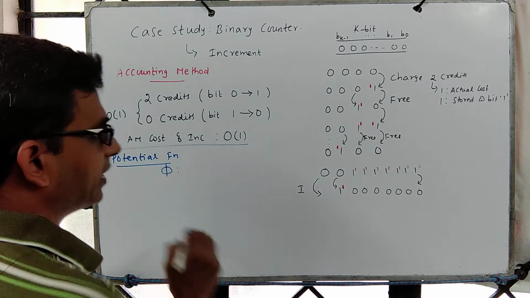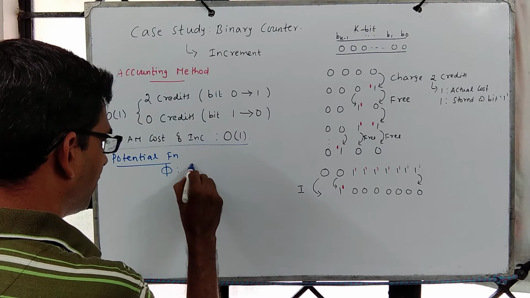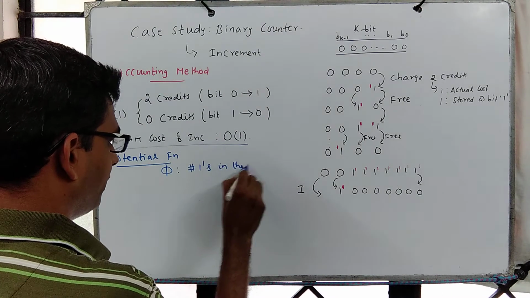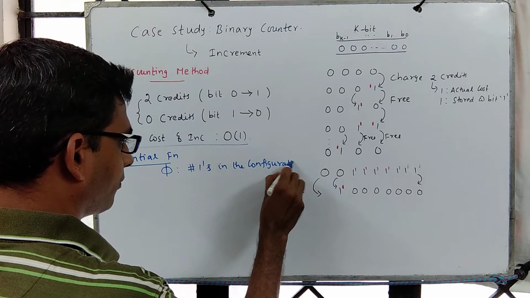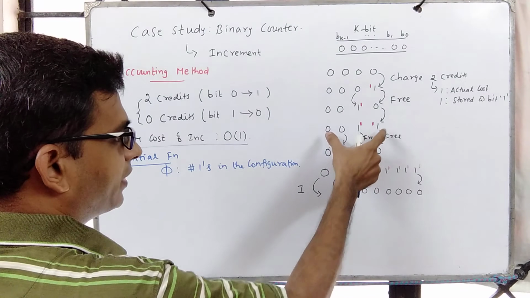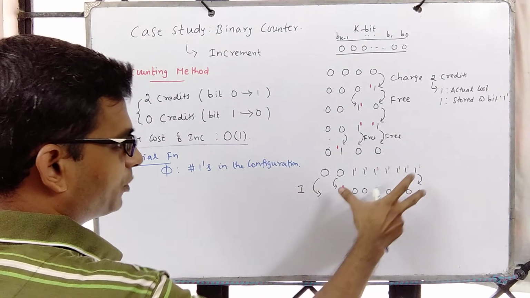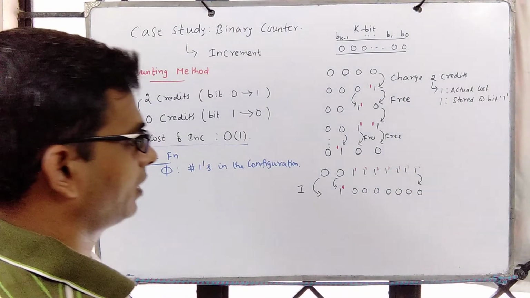For the stack we said the size of the stack. So for this one we say the number of ones in the configuration. Suppose the configuration is this, then the value of the potential is 2. Suppose the configuration is this, then the value of the potential is 7.